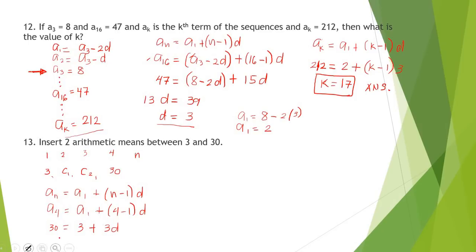Solving for D, 30 minus 3 is 27. 27 divided by 3 is equal to 9. So we now know our D. Therefore, our common difference is equal to 9.